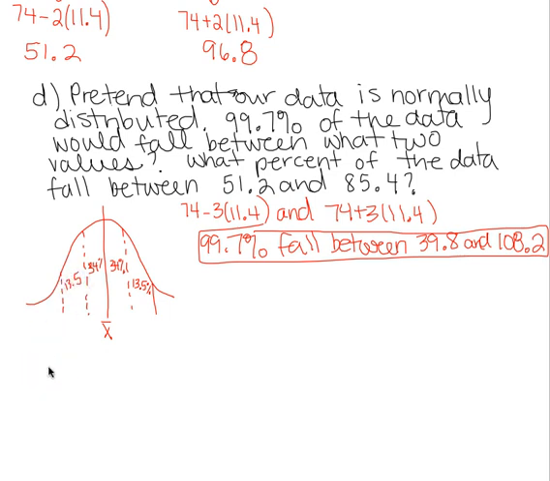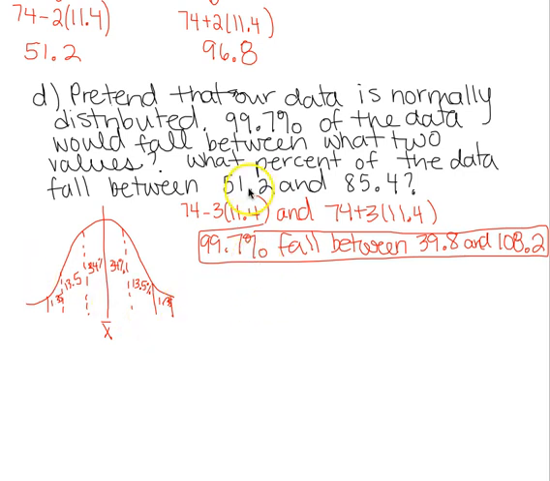And then that 99.7, so all we're doing is adding another 2.7%, which means that that's only 1.35% on each side, and then the remaining percentages would be beyond that.